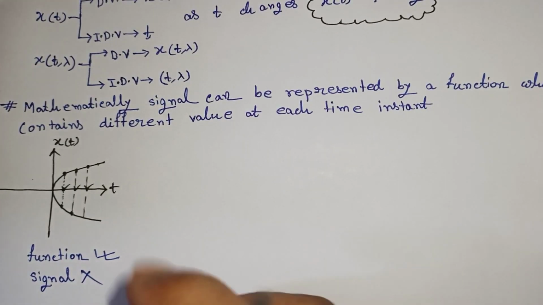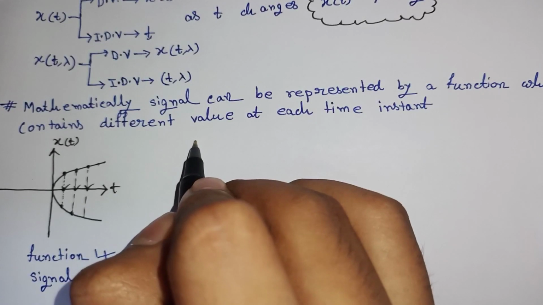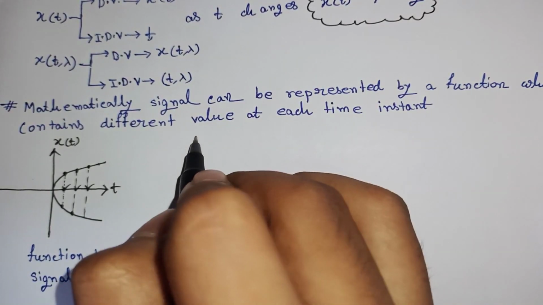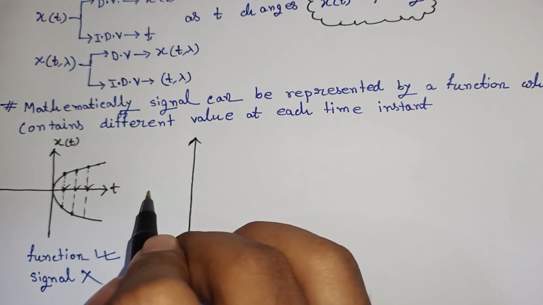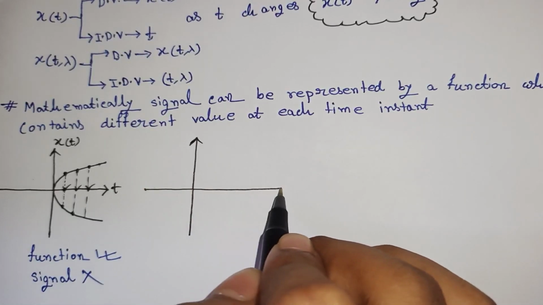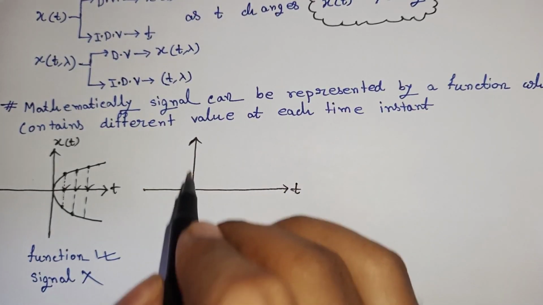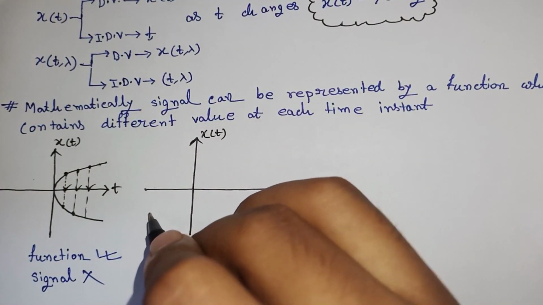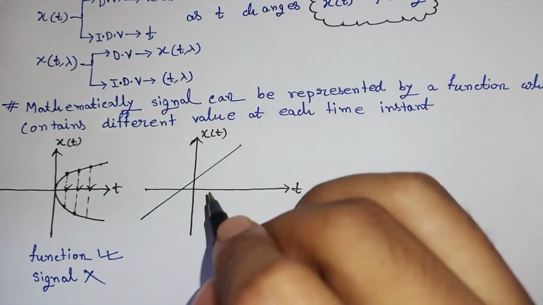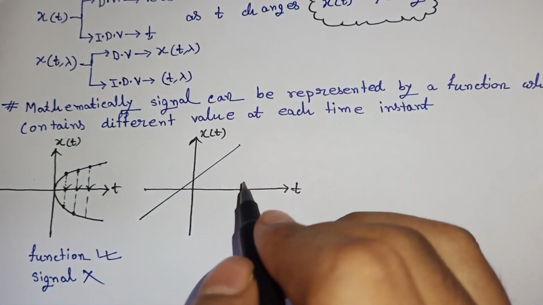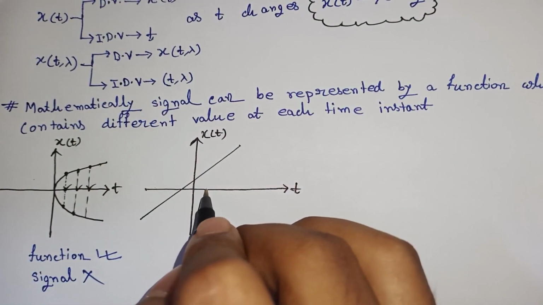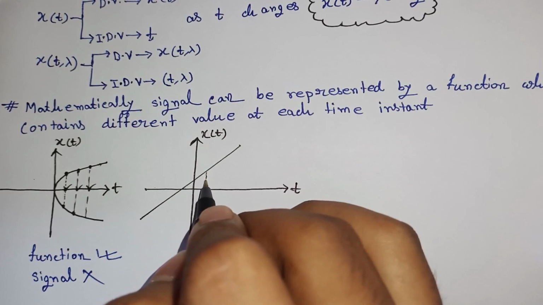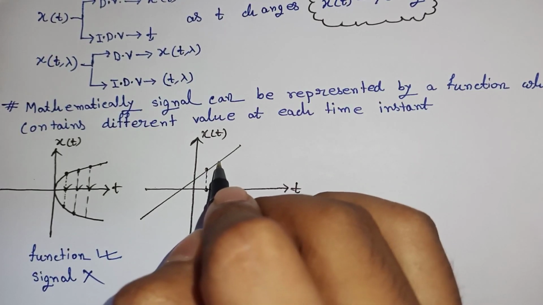Let's take another example. We have this. It is a straight line. So for a particular time instant, it has a single value.